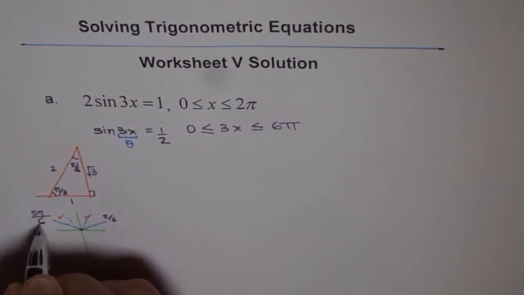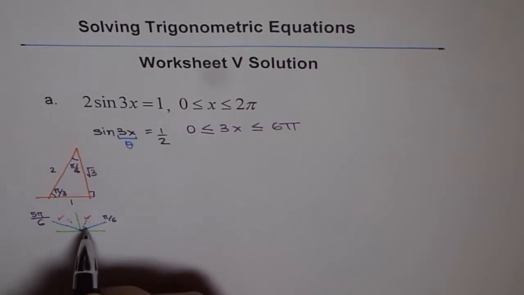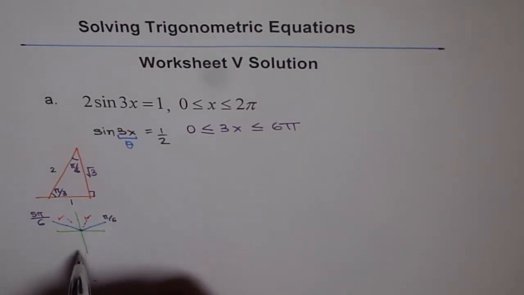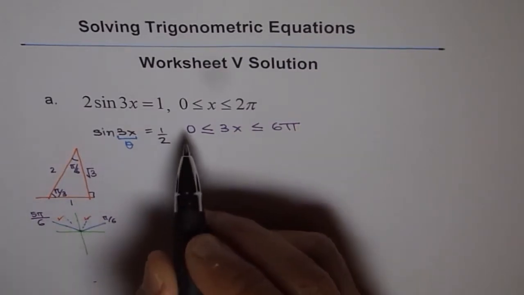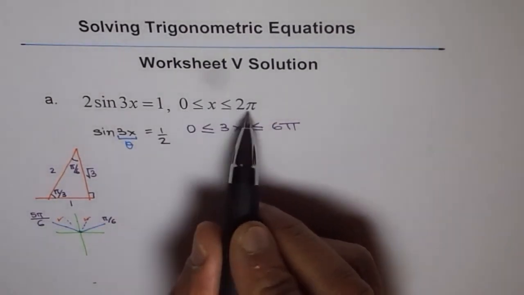Those of you who got pi by 6 and 5 pi by 6 only answered with 1/3 of the options. So what are the other answers? The other answers are to add more pi by 6's. Go one full circle more, another circle, because the domain for 3x is not just 0 to 2 pi.